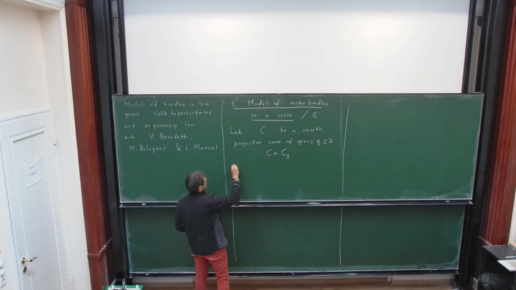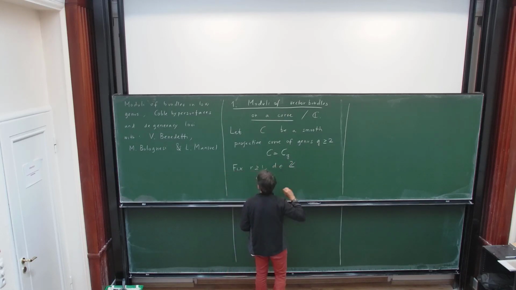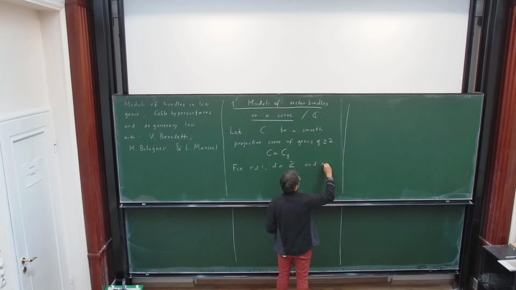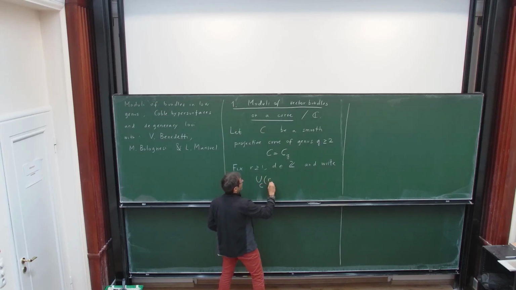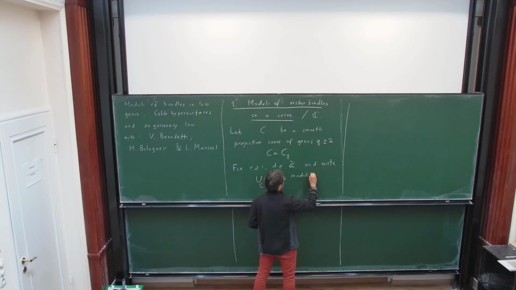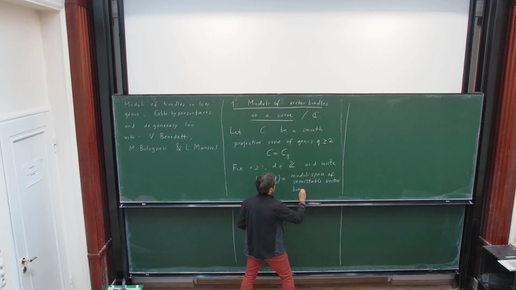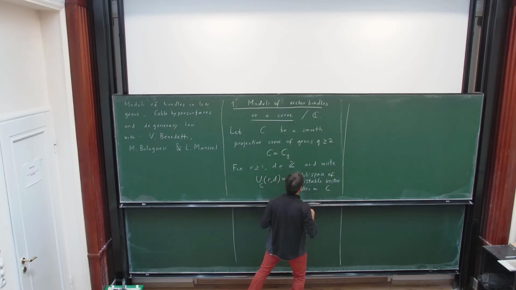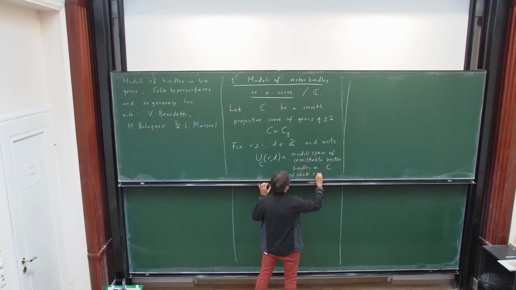I fix a rank r and a degree d, and write U_C(r,d) for the moduli space of semistable vector bundles on C with rank r and degree d.